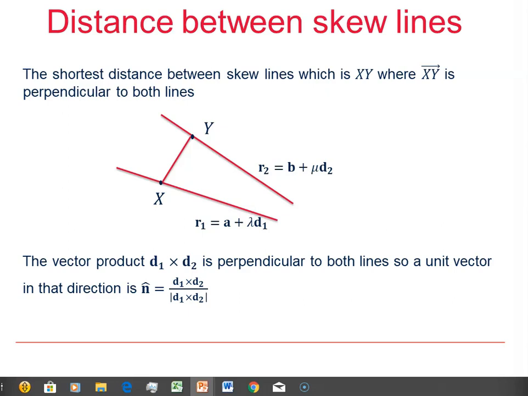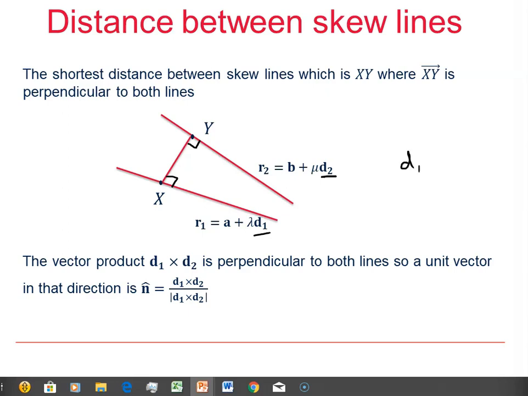So remember then, the distance between two skew lines will be the length of the line joining r1 and r2, which is perpendicular to both of r1 and r2, as indicated here by XY. Now we can find a vector in that direction by looking at the cross product of d1 and d2.